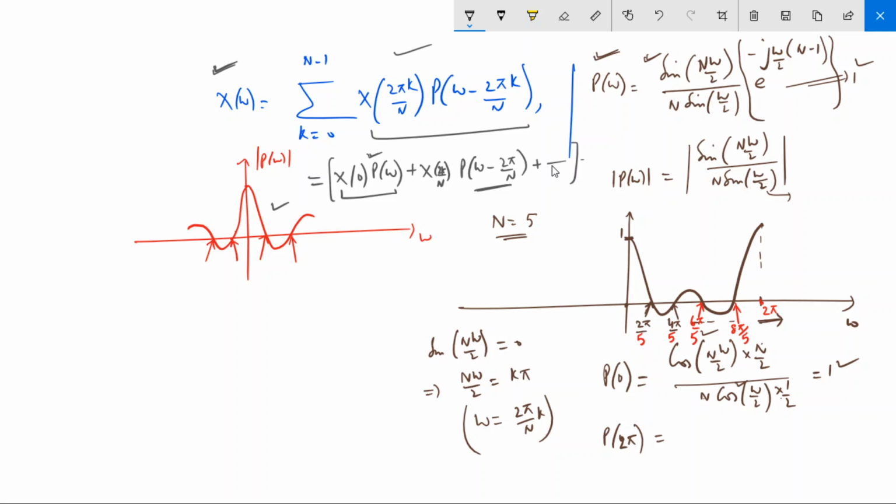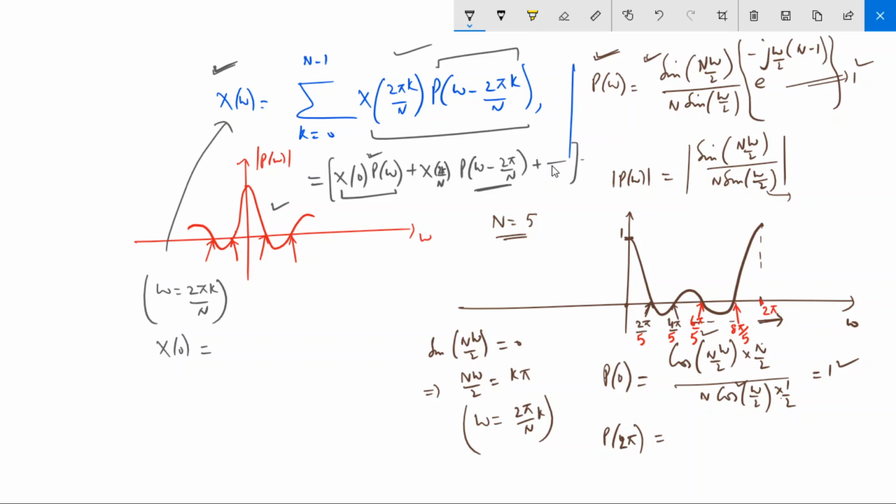And you can simply verify that if you sample this function at omega equal to 2 pi k by n, what do you get? At omega equal to 2 pi k by n, this function will always be 1. Suppose you take x0, the sample at 0.